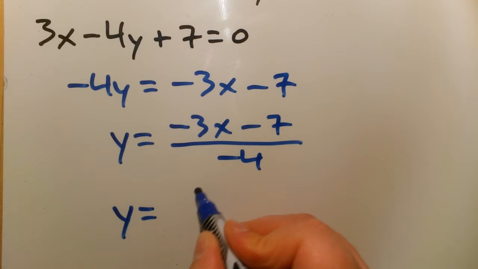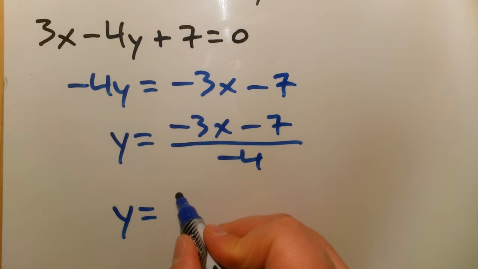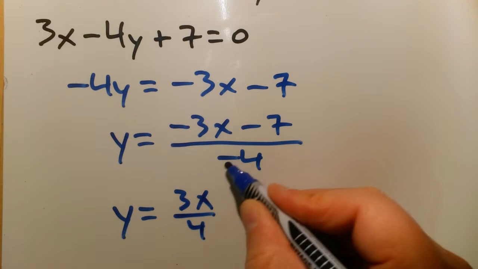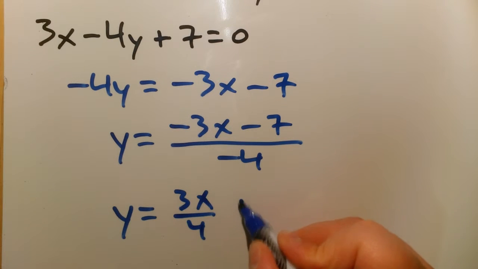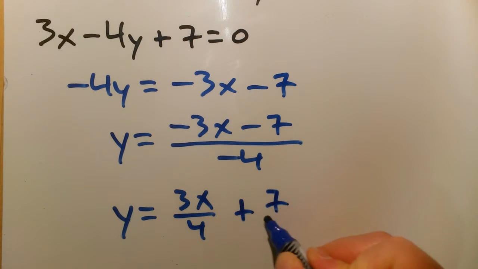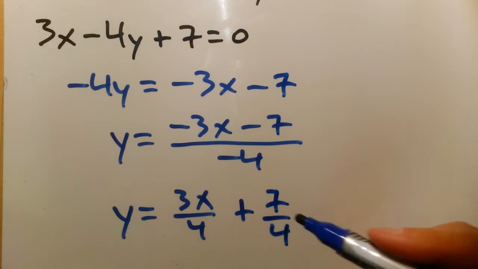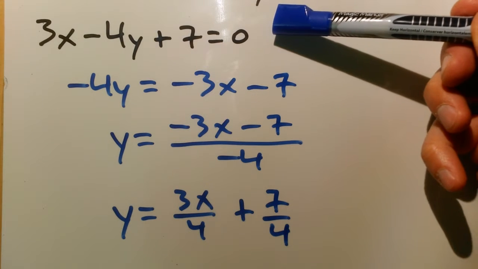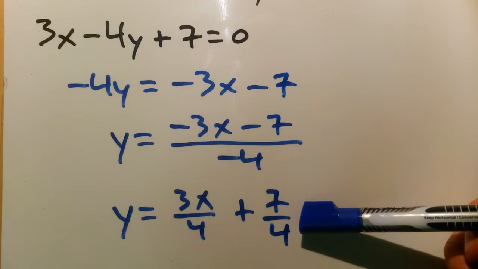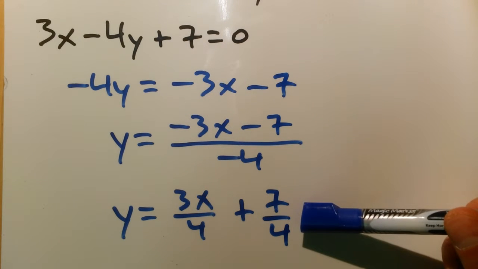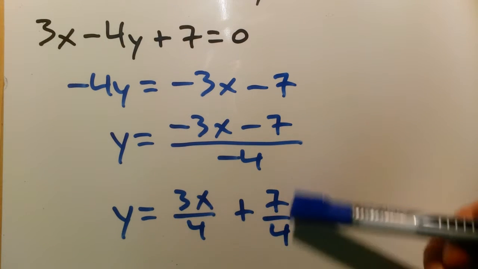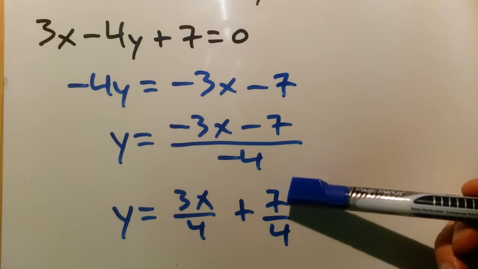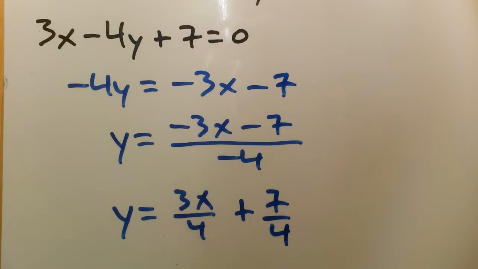The negatives cancel out, so it becomes 3x over 4 plus 7 over 4. So we've done it. We've converted from standard form into slope y-intercept form. And later on we can use this to graph our line, the slope being 3 over 4, the y-intercept 7 over 4, and so on.